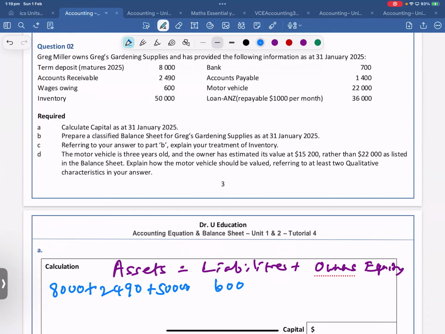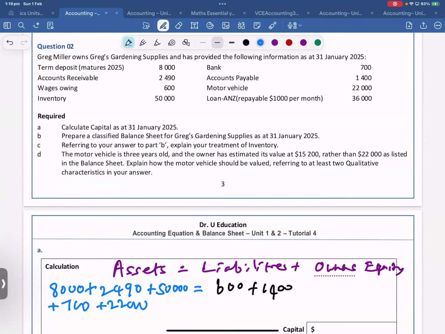And then bank, asset. And then accounts payable, liability. I'll write in a different color, 1,400. And then motor vehicle, non-current asset, very good.